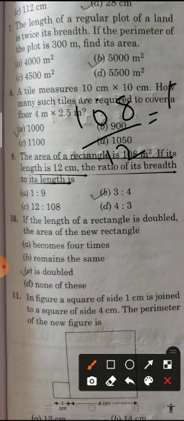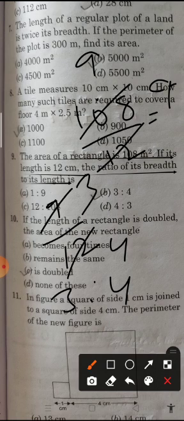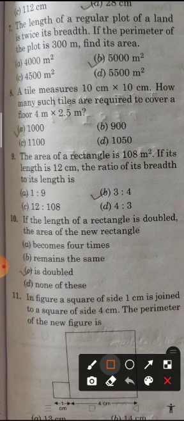So breadth is 9. The ratio is breadth to length, so 9 upon 12. 3 times 3 is 9, 3 times 4 is 12. So the ratio is 3 to 4. Option B is correct.